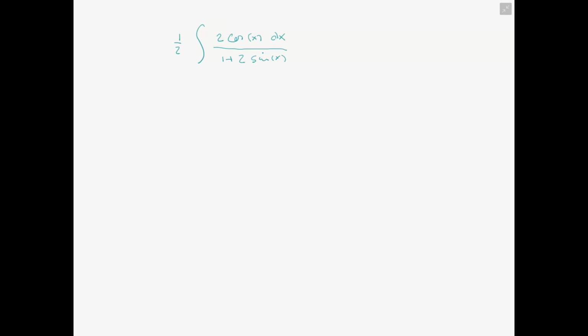Here we make a substitution. We'll just say u equals 1 plus 2 sine of x, and du equals 2 cos x dx.